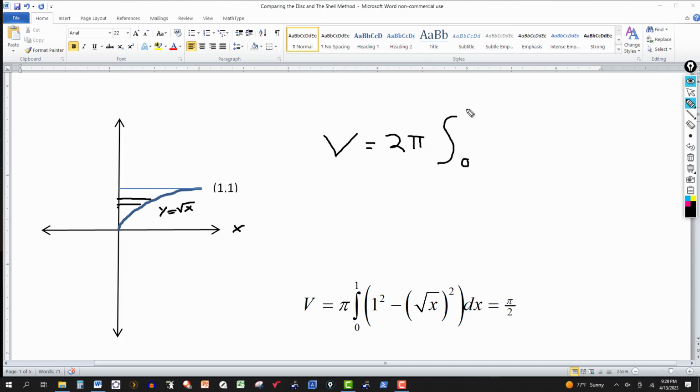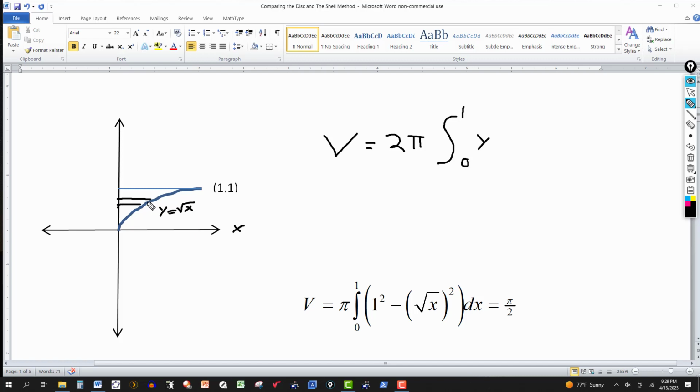And then, as you saw in the last one, I had to find the radius. The radius is the distance from the axis of revolution, which in this case is the x-axis, to the rectangular strip. That's just going to be y. The thickness of course is going to be dy.